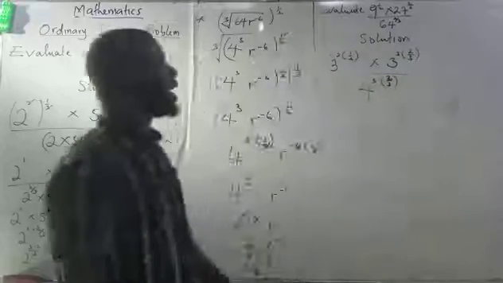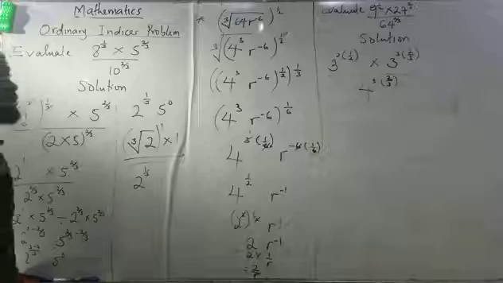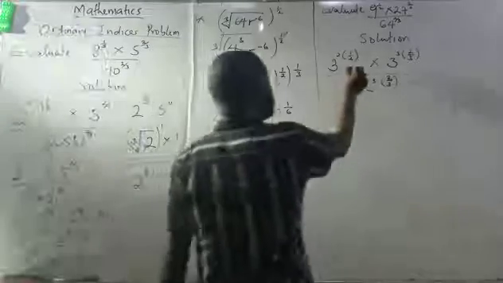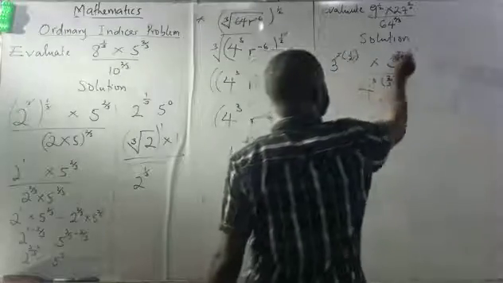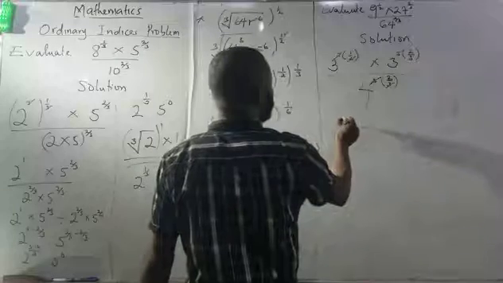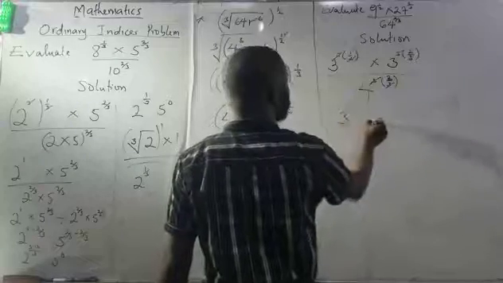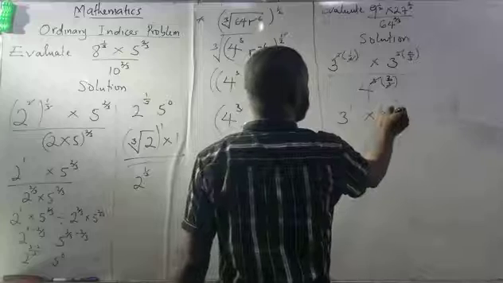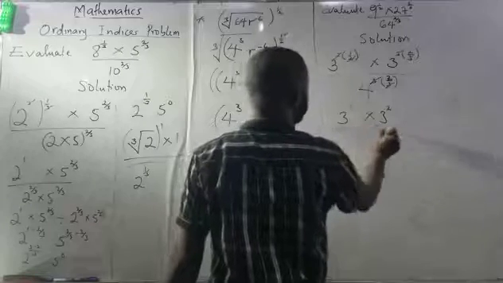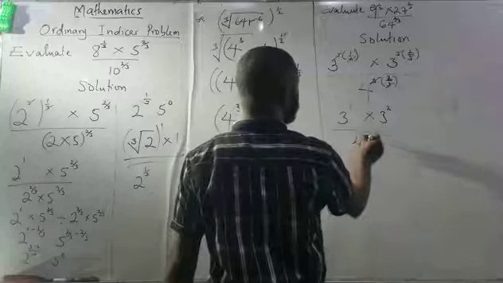Can you see? I know that 4 raised to power 3 is 64. This will cancel this, this will cancel this, this will cancel this. Left to be 3 raised to power 1 multiplied by 3 raised to power 2 divided by 4 raised to power 2.